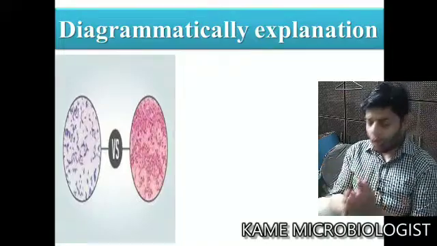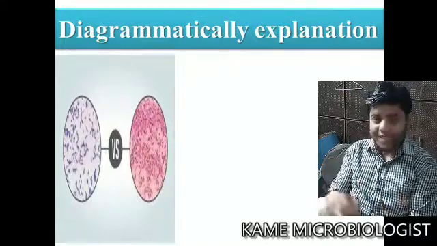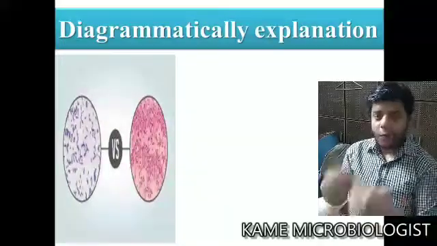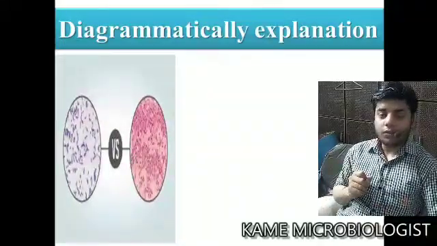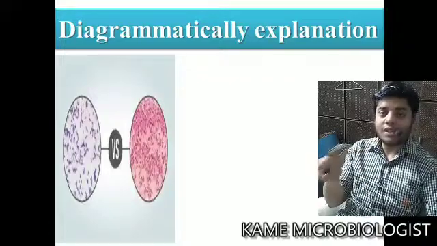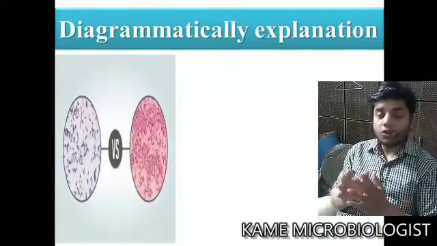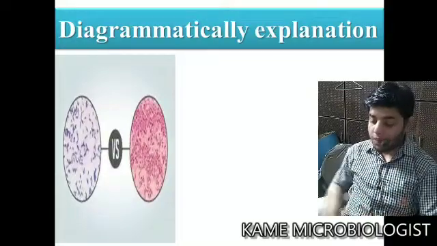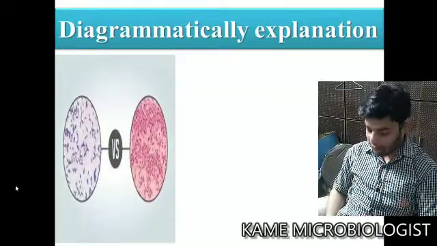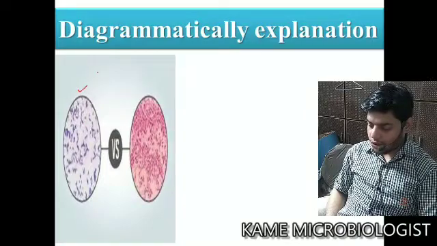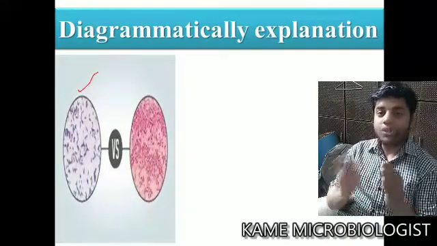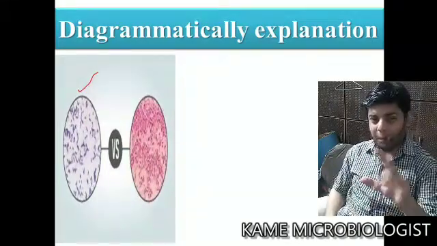If we stain the slide with a gram stain and see it under the light microscope, the gram-positive bacteria will appear bluish purple in color, as you can see.